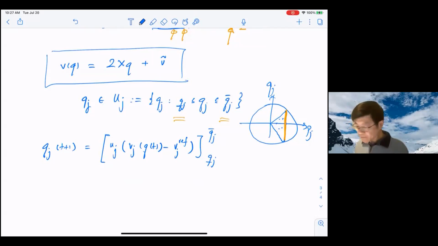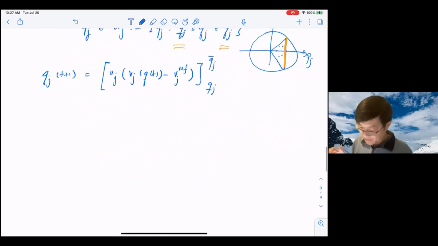So using this simple model, one can prove that indeed it will converge under certain conditions, and the equilibrium point has a very nice simple interpretation. Okay? It's a solution of a certain optimization problem.